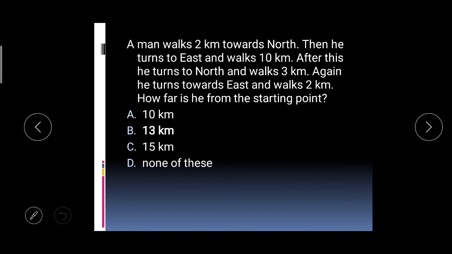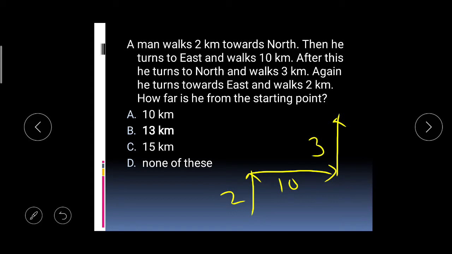Okay, let us see next. A man walks 2 kilometers north. Then he turns to east and walks 10 meters. After this, he turns to north and walks 3 kilometers.